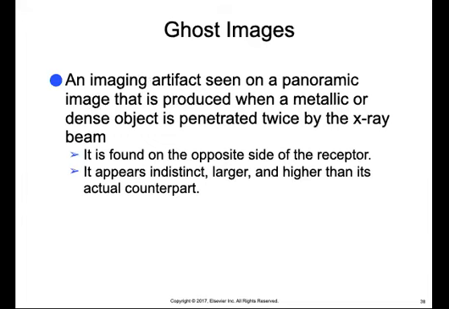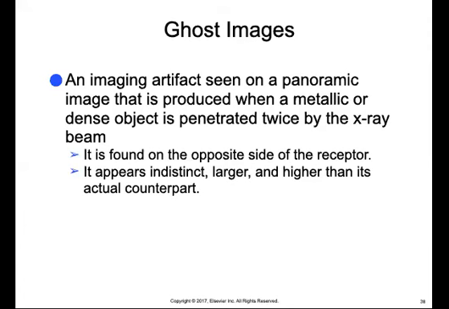A ghost image is an image artifact seen on a panoramic image that is produced when a metallic or dense object is penetrated twice by the X-ray beam. It is usually found on the opposite side of the receptor, and it appears as an indistinct, larger, and often higher image than the actual counterpart.